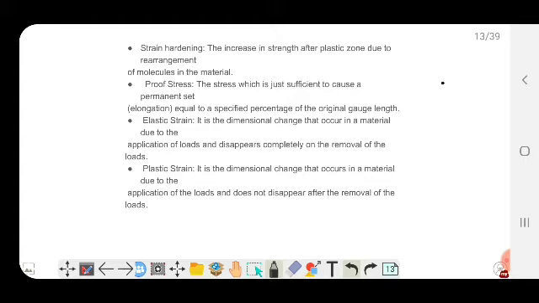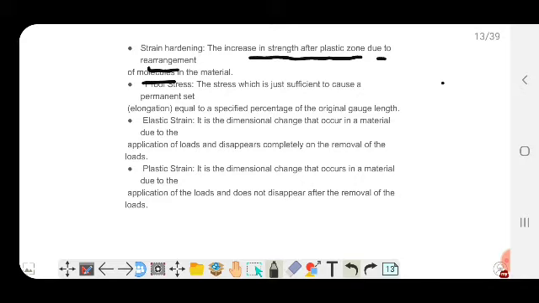Strain hardening is the increase in strength after the plastic zone due to rearrangement of molecules in the material. Due to this rearrangement, as I have already told, we have a permanent set.